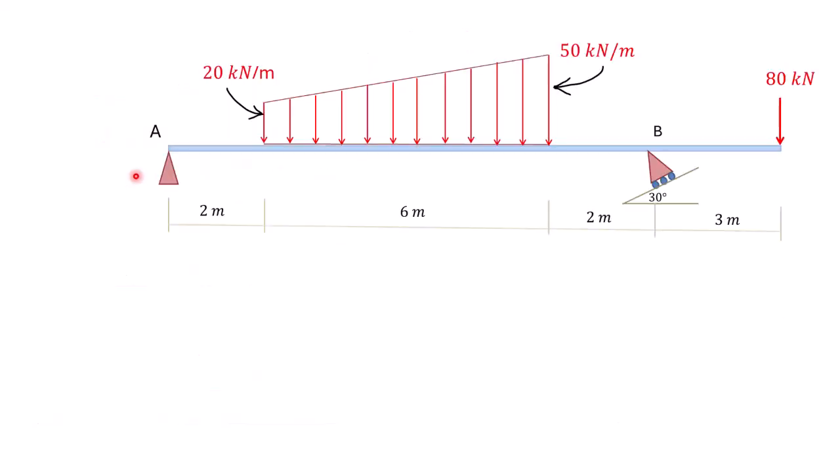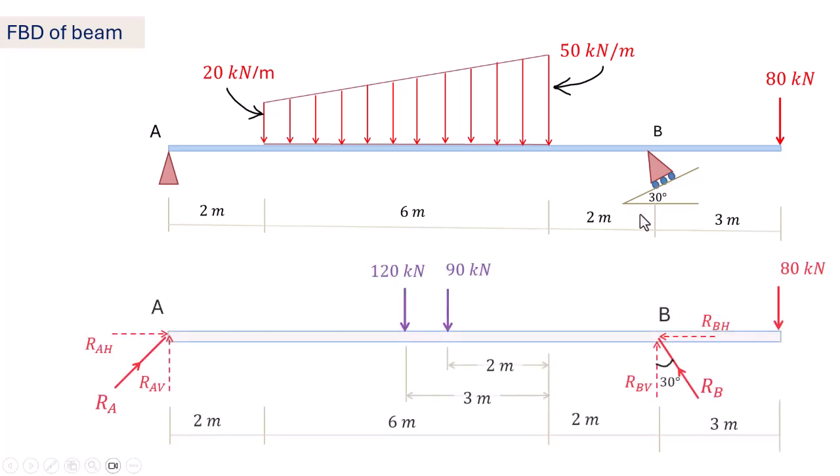Now draw the free body diagram of the beam. The supports are replaced by reactive forces. Due to the inclined roller support at B, an inclined reactive force is developed at the support. For easier calculation, this reaction force is resolved into horizontal and vertical components, shown by dotted arrows.